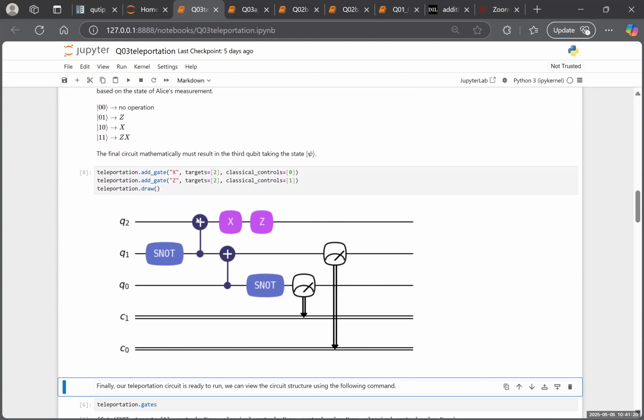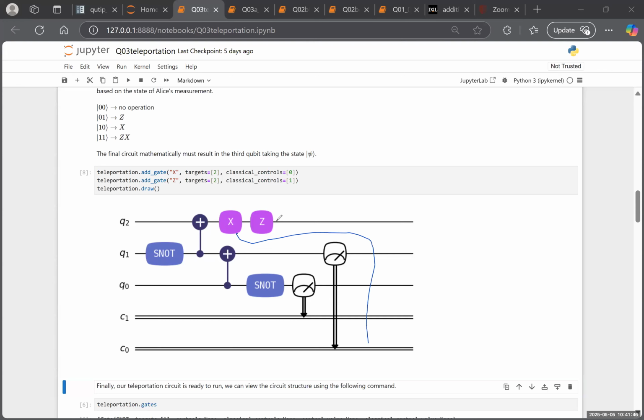It does not have the label. It's control, right? Classical control using C0. It should draw a label. I can annotate. It would be better if this could be drawn like that. Qiskit has that.